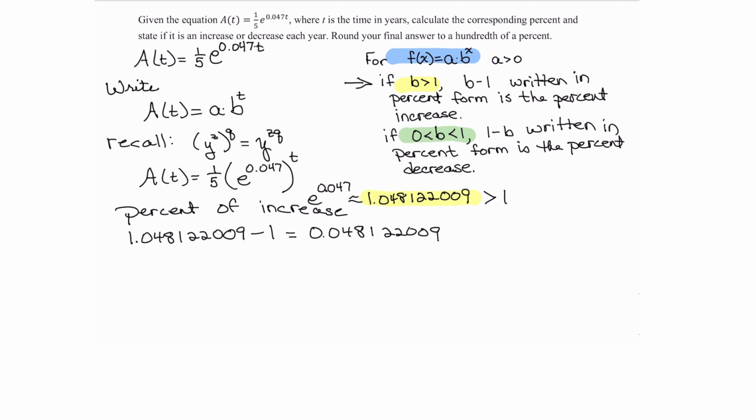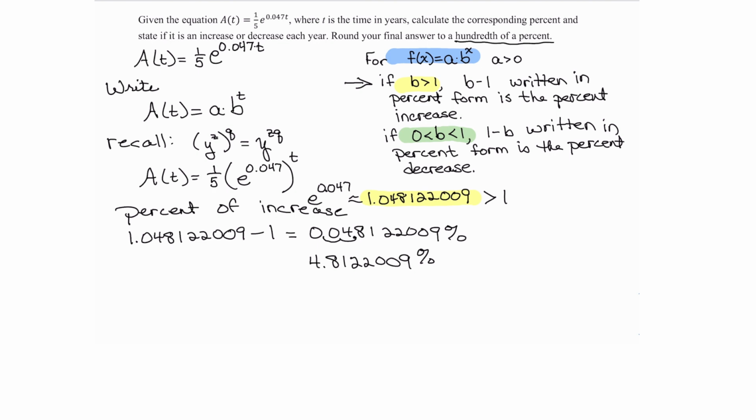So changing it to percent form is 4.8122009%. So we move the decimal point 2 places to the right and put the percent symbol on. And then now I want to round that to the nearest hundredth of a percent.